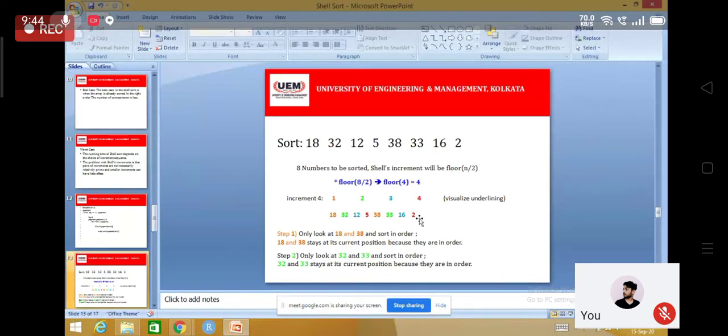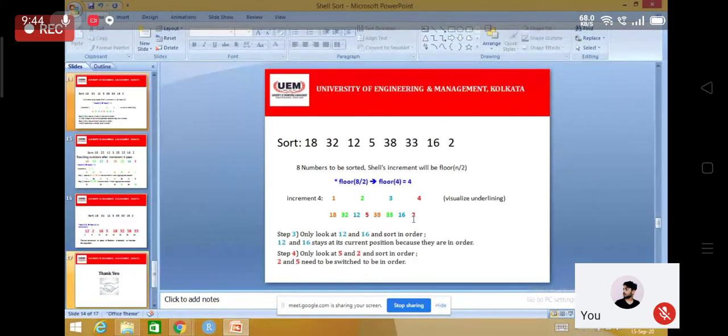Now, if you check 18 and 38, they are in the same order. You have nothing to do. If you look at 32 and 33, again, you have nothing to do. They are in the desirable order. 12, 16, you have nothing to do. They are also in the same order.